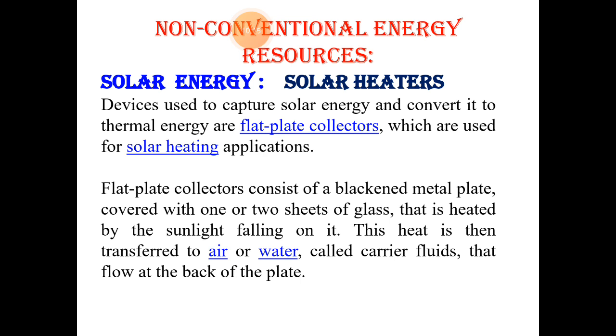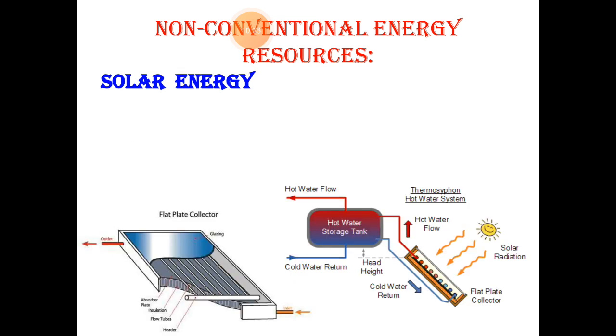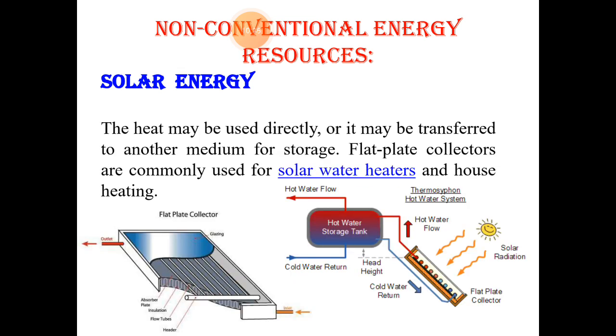What are these flat plate collectors used in the solar heaters? They are the blackened metal plate covered with sheets of glass, which gets heated up by the sunlight upon falling.